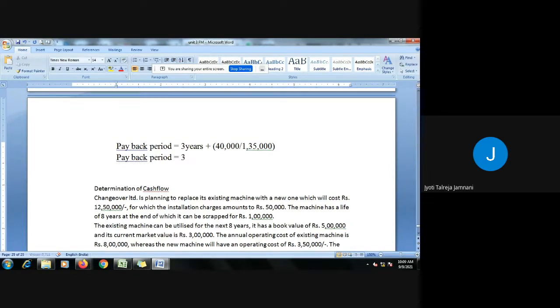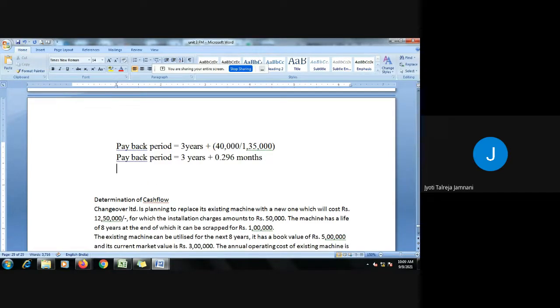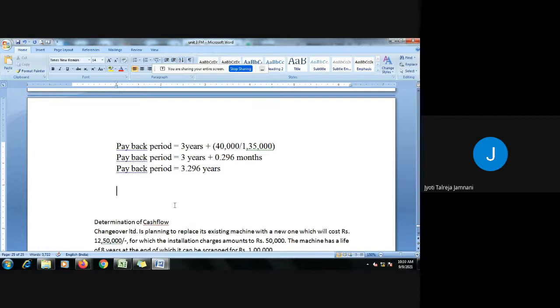So 3 years plus 0.296, or you can say payback period is equal to 3.296 years. Okay, so this was for project A. Similarly, we have to do it for projects B, C, and D. Any doubts, anyone here in project A? Please ask.